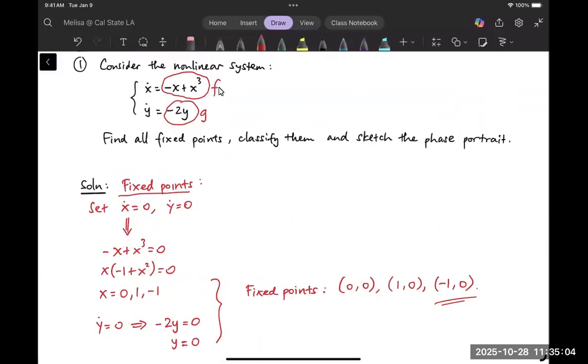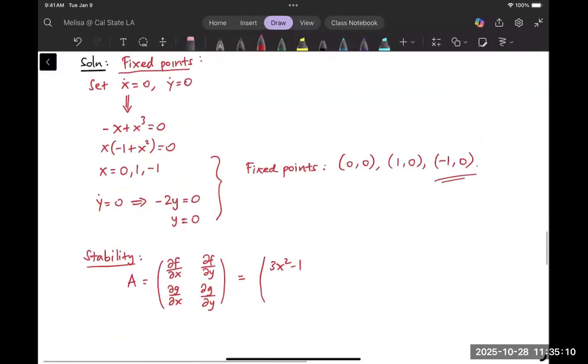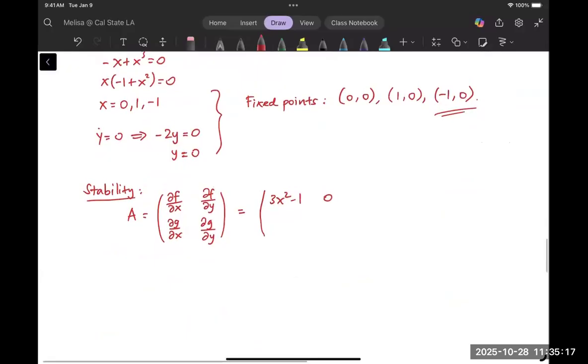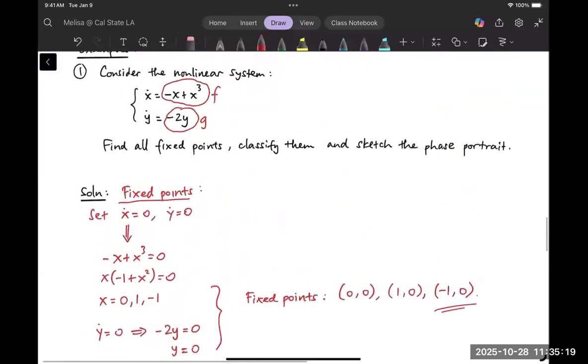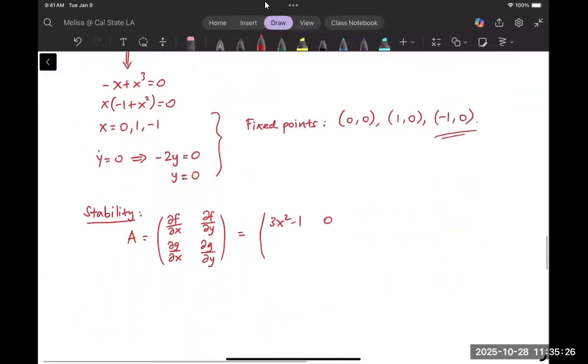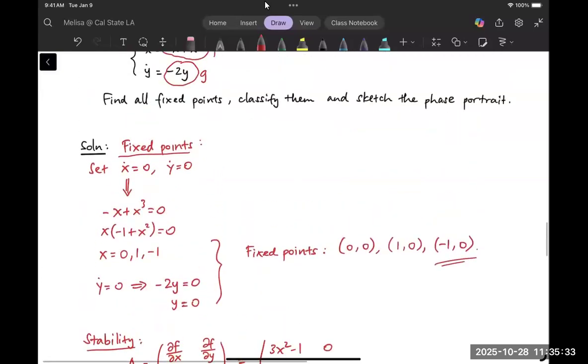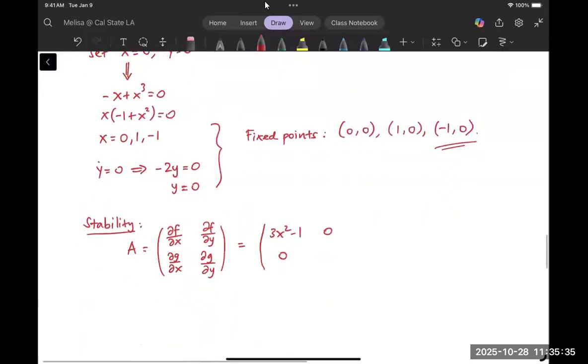If you look at f, there is no y in here, so the partial with respect to y will be 0. Second row, partial of g with respect to x. G is minus 2y, so 0. And then the partial of g with respect to y: negative 2. Yep.